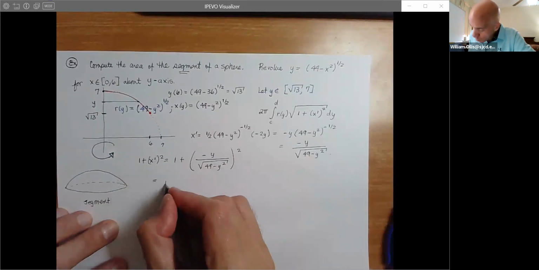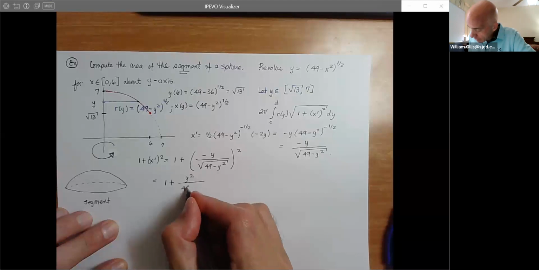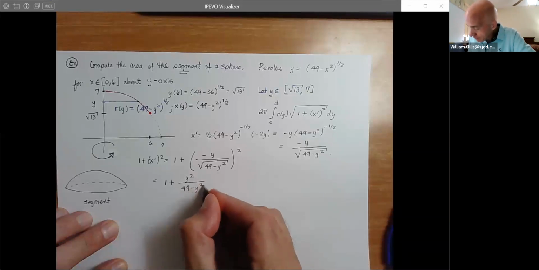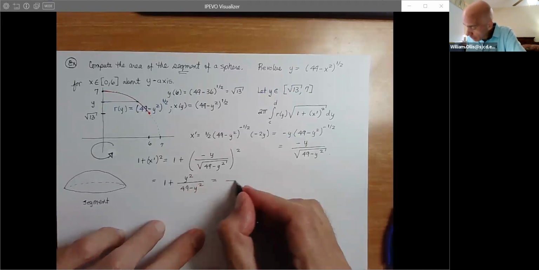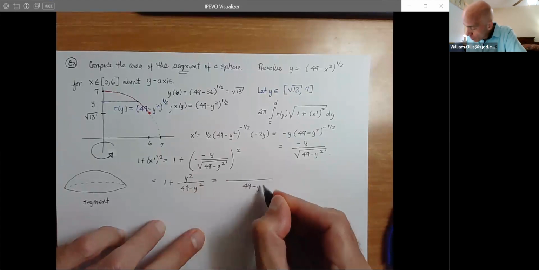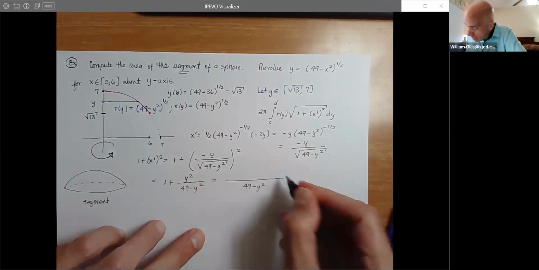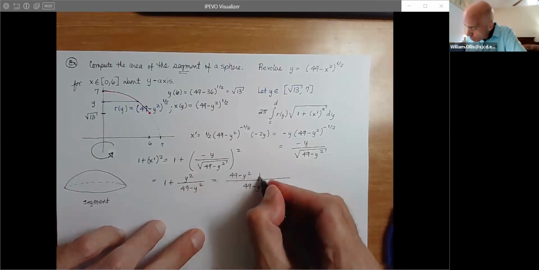So this gives us 1 plus y squared divided by 49 minus y squared. So like I said before, go ahead and clean this up with a common denominator. 49 minus y squared. So we get 49 minus y squared plus y squared.